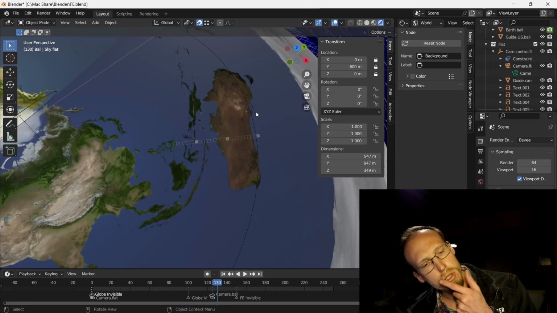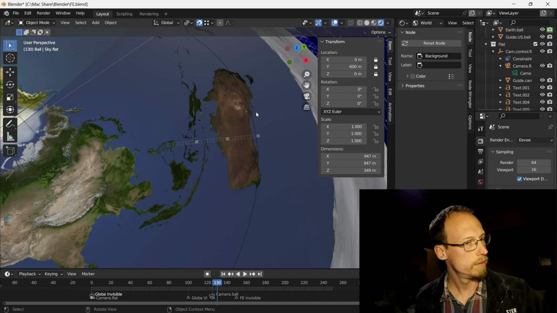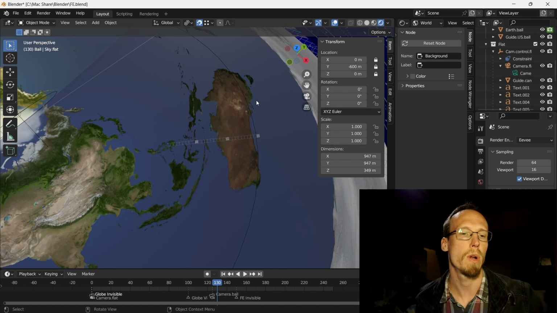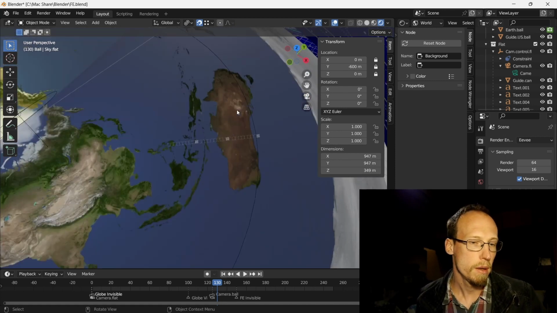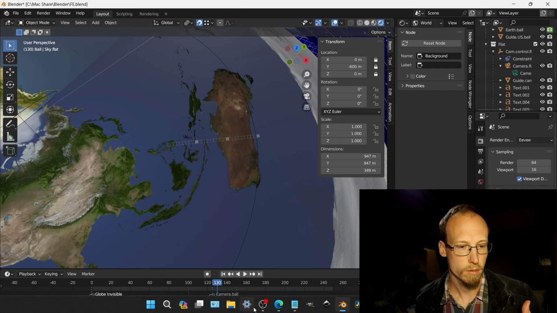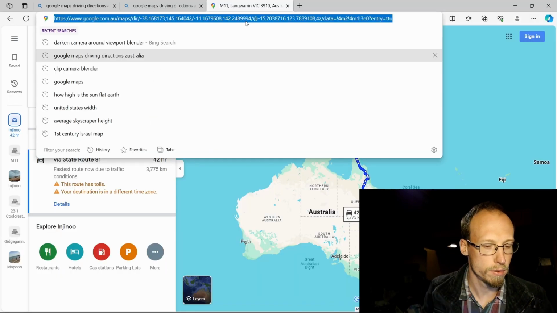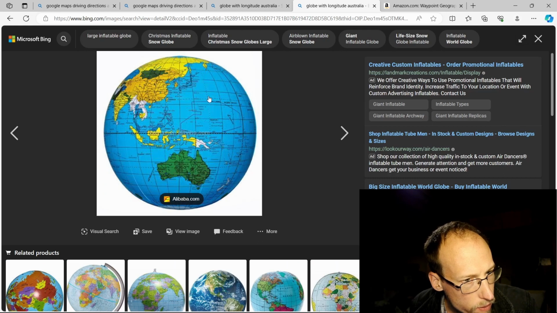Now, you could say, well, the shape of Australia might not be exactly correct in this flat Earth representation. But then you have a problem of longitudinal lines that cross through Australia. So if we pull up a map or a globe, anyway, there's a line there.